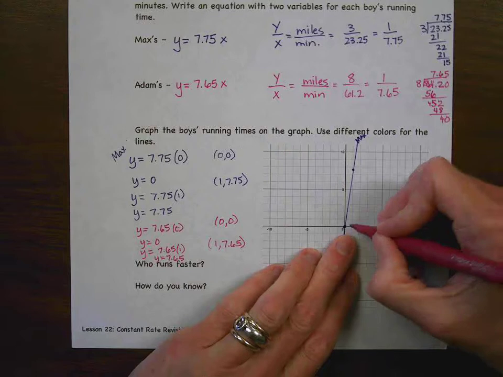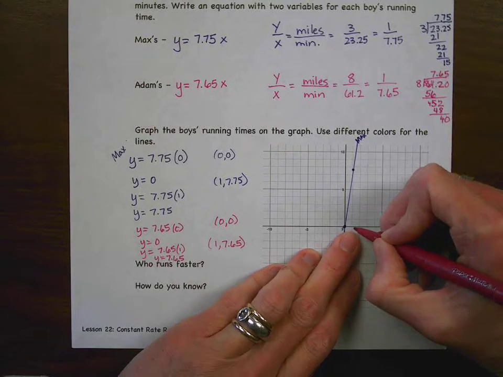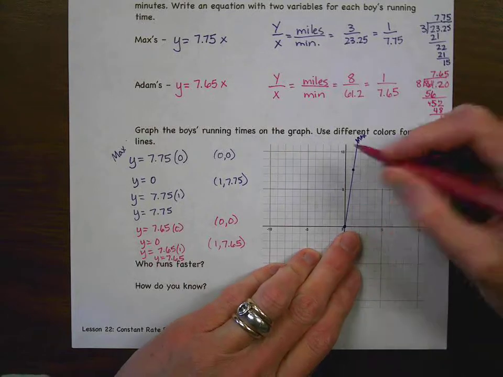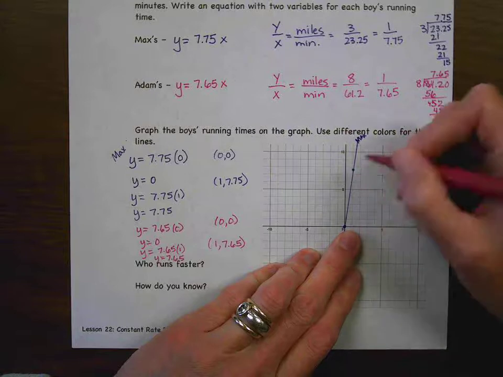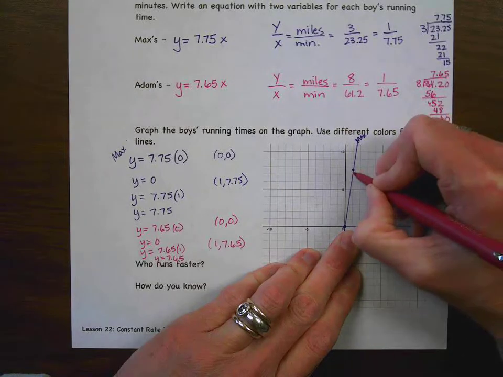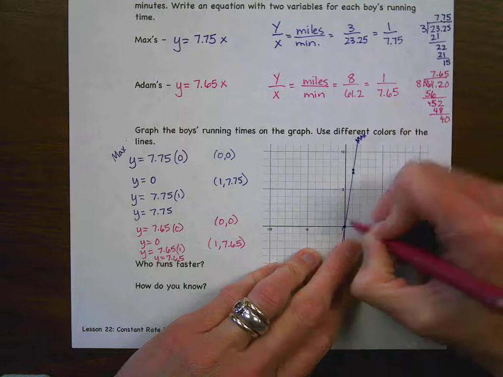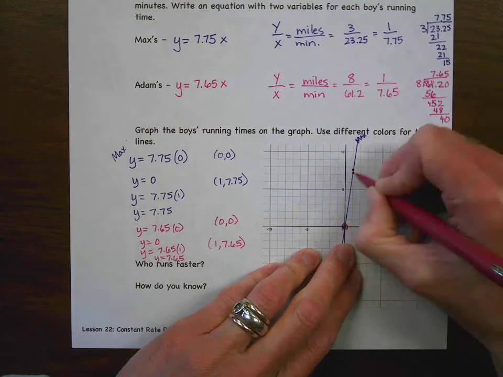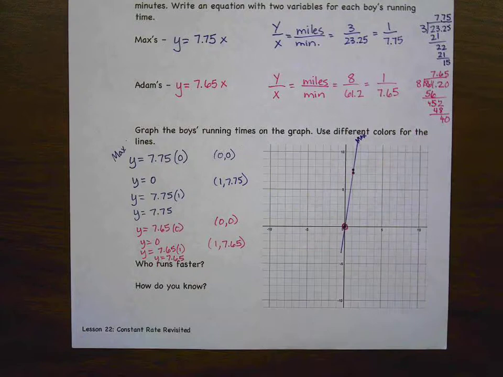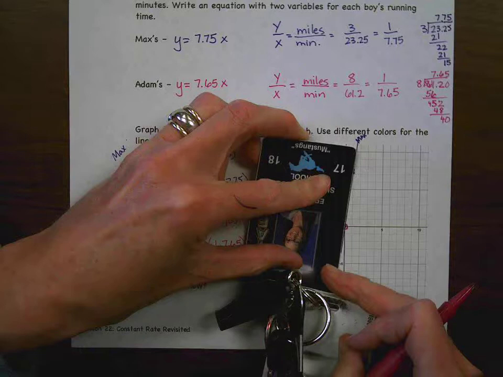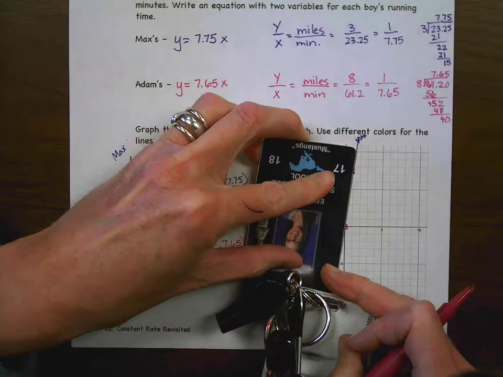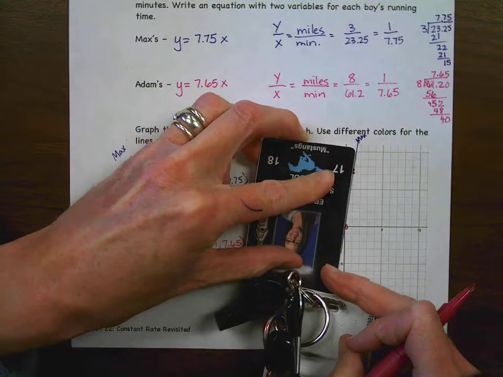We have to graph that, so we go over to the right 1 and then up to 7.65, which is less than 7.75, so I would say it's about here. So we have one here, and we have one here, and then we connect those two.